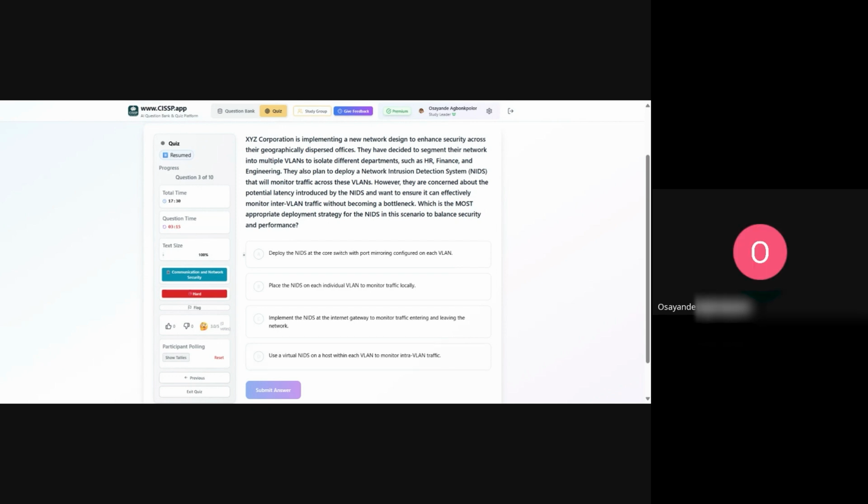Anyway, I'm thinking C because the internet gateway is a more centralized point of the network whereby effort should not be duplicated, and the bottleneck they were talking about will probably not be there. That's why I initially said B, but I came back to C. Yeah, the potential latency wording. I think this just comes down to actually knowing the technical answer, which I don't.